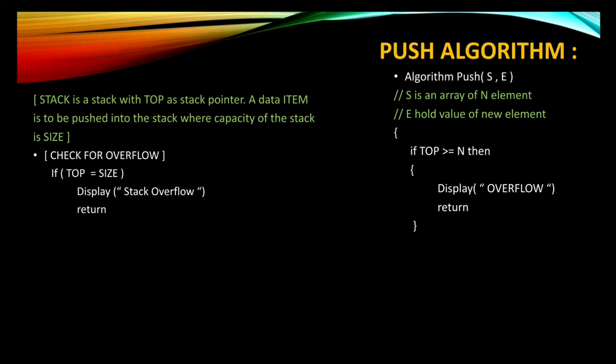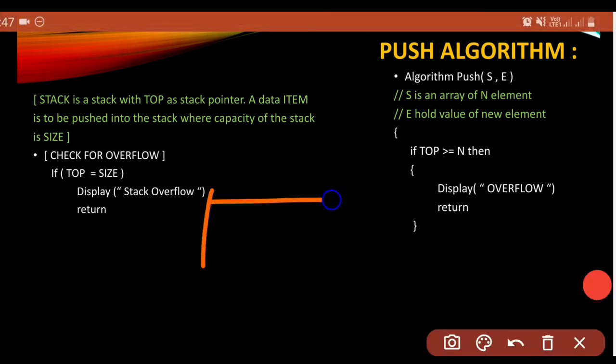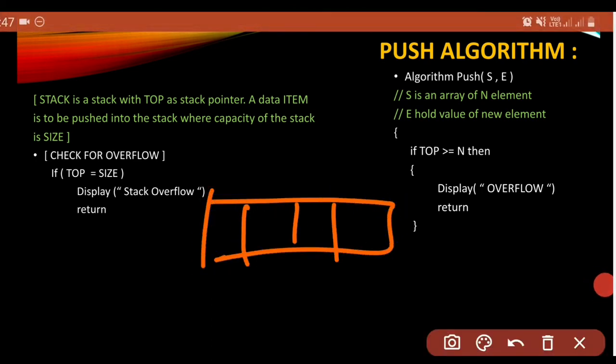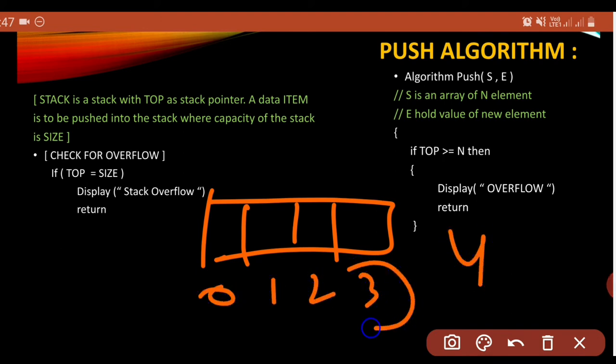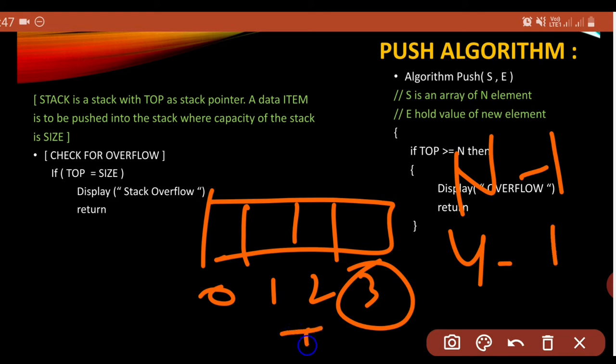When we are creating a program, we have to write top equals n minus 1, because in an array the locations will be 0, 1, 2, 3. When we have 4 elements, the last location will be 3, which means we have to write n minus 1, 4 minus 1. When our top pointer is at the 3rd location, we have to stop here.